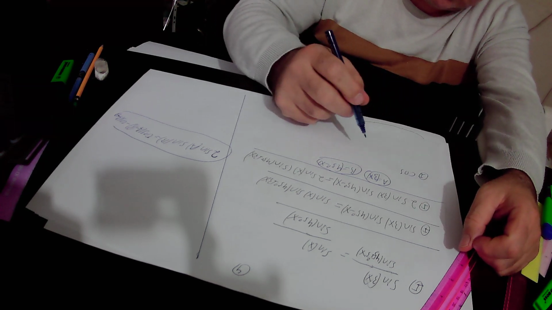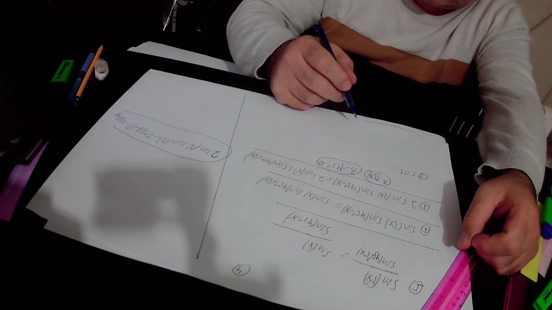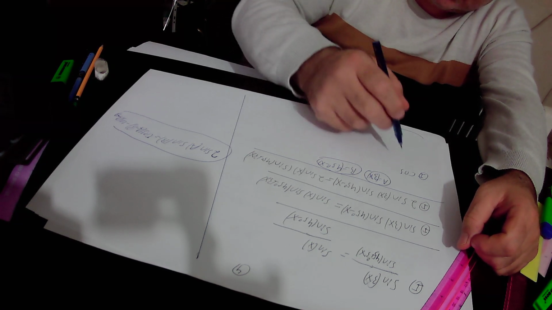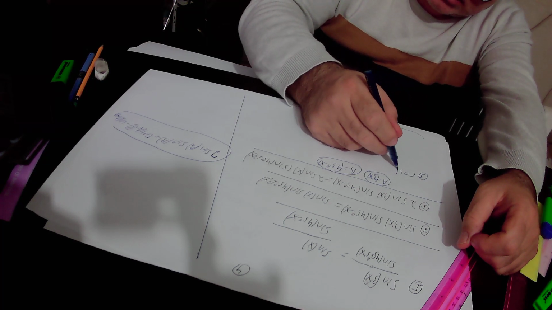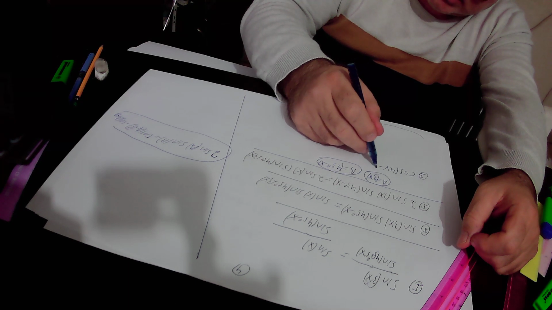Cosine A is 3x and B is 45 degrees minus x. And 3x minus minus x is 4x, minus 45 degrees.